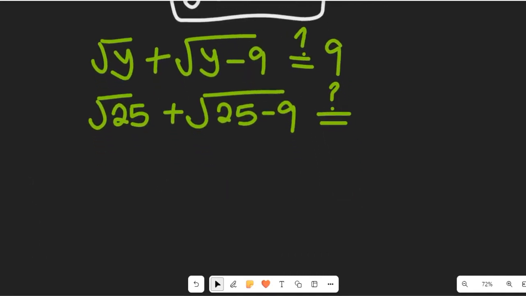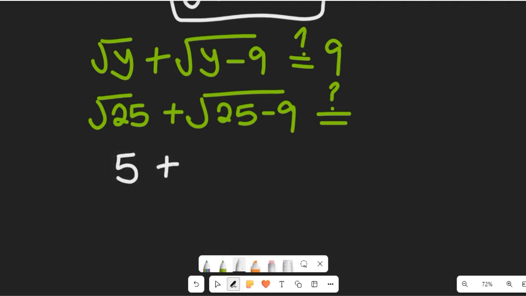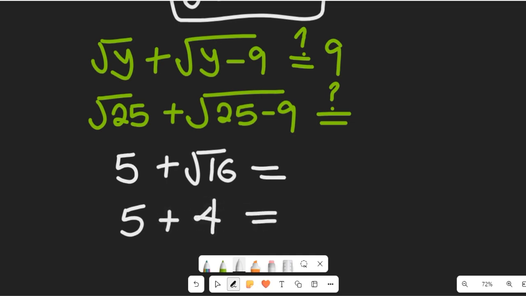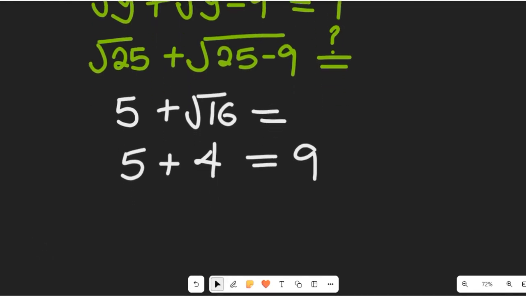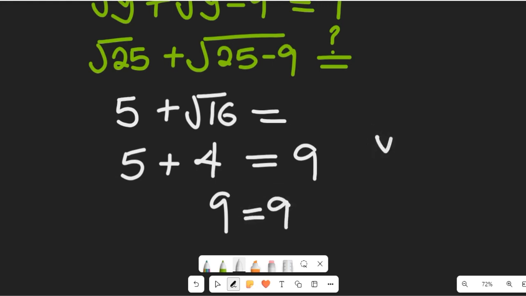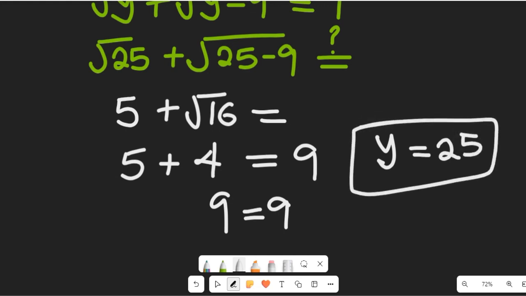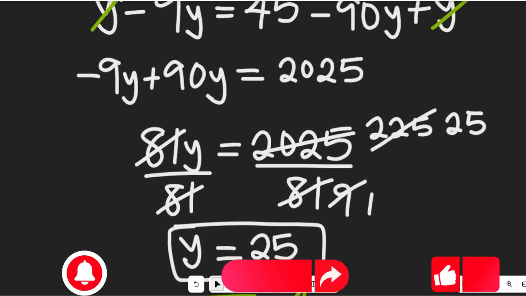Let's simplify that. This is simply going to give us 5 plus the square root of 16, and the square root of 16 is 4, so 5 plus 4 is equal to 9. So you see, 9 on the left hand side is equal to 9 on the right hand side. That simply tells us that y equal to 25 is the solution that satisfies that expression that was given to us.